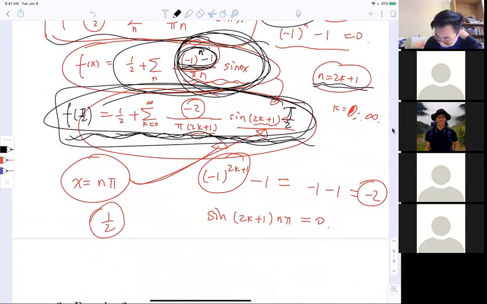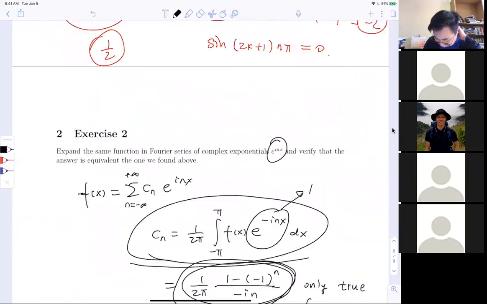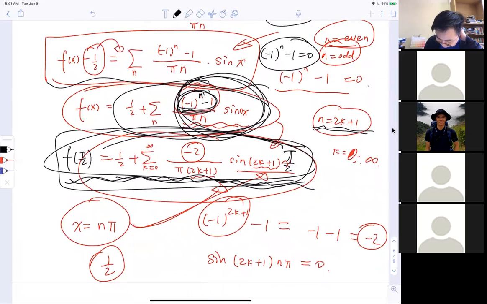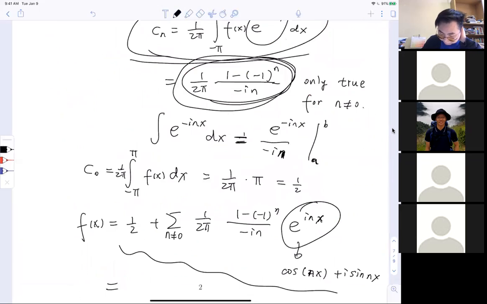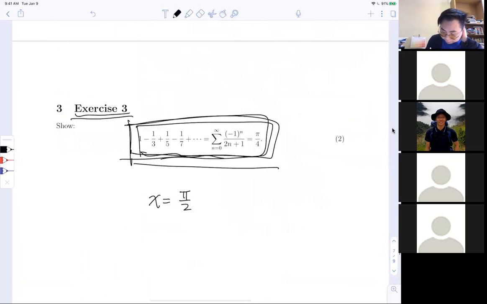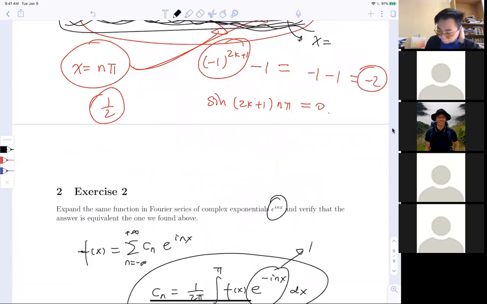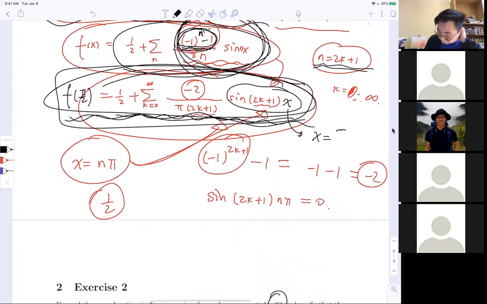Of course, it's kind of messy, but you can say, for this kind of sine of (2k plus 1) times x, if you set your x to some weird number, then you won't get a nice equation like this. You need to set some special numbers to make it look nicer. For example, like this or pi.